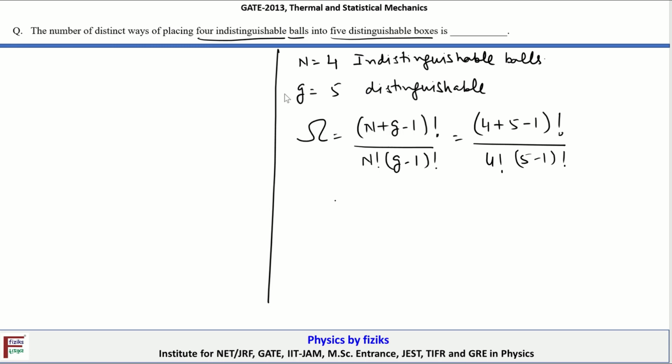So that is equal to 8 into 7 into 6 into 5, and then 4 factorial divided by 4 factorial into 4 factorial, which will be equal to 24. So 4 factorial will cancel, so 6 fours are 24, 4 twos are 8, so that is equal to 70. So therefore the answer is 70 here.